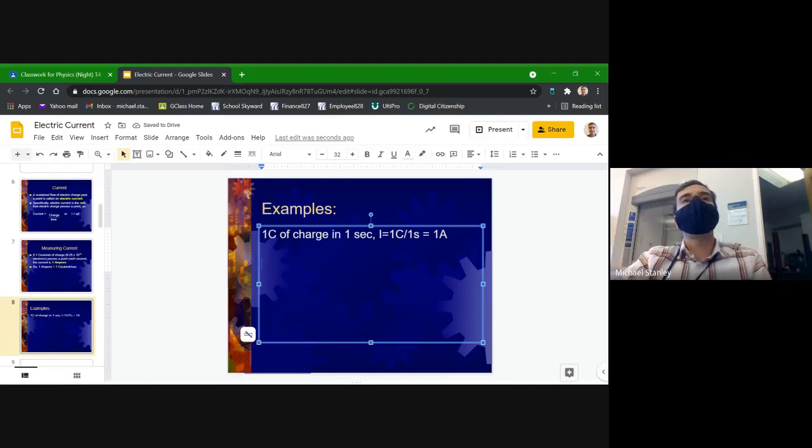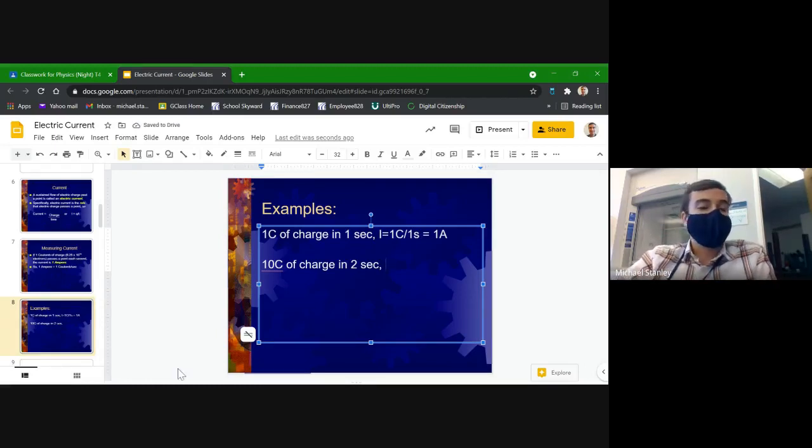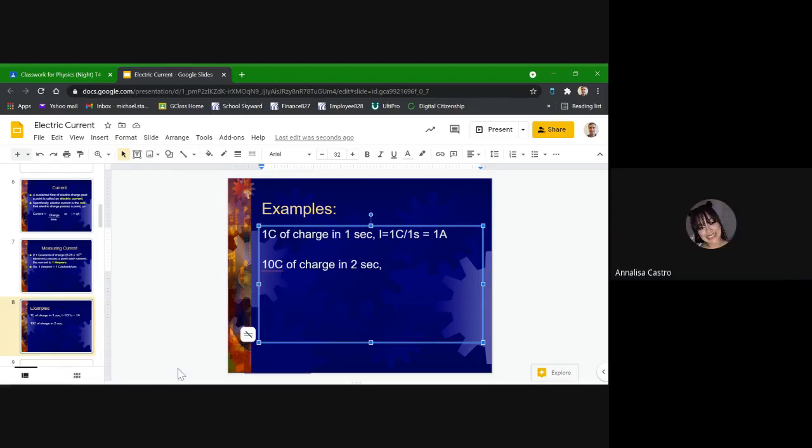What about if we have something that measures in different time periods? So we get 10 coulombs of charge in 2 seconds. So if this is what we measure, 10 coulombs in 2 seconds, would it be double?